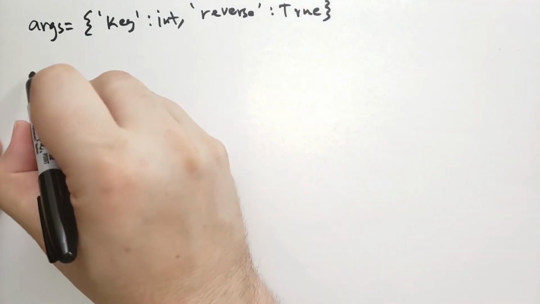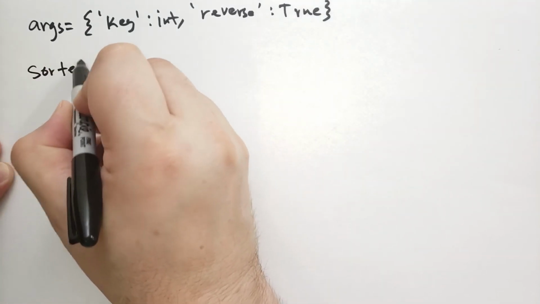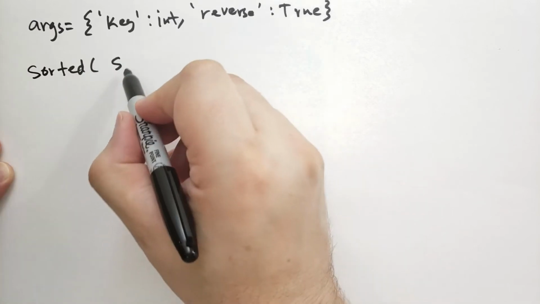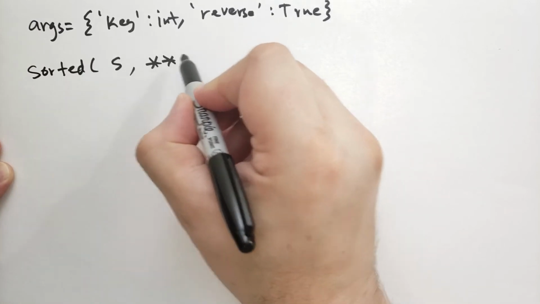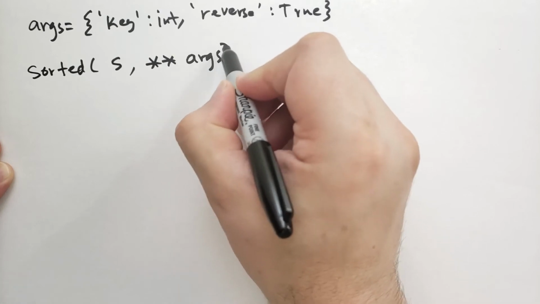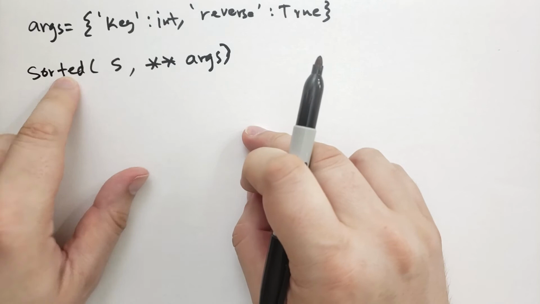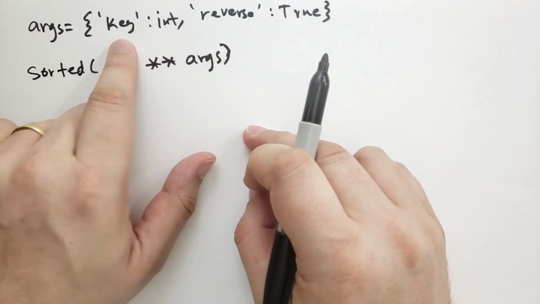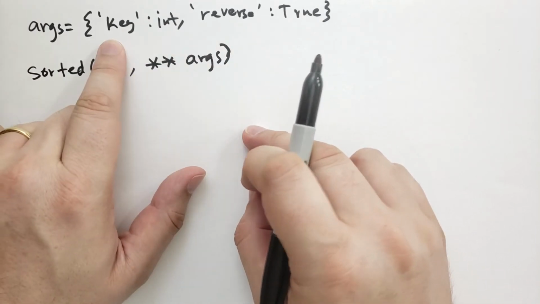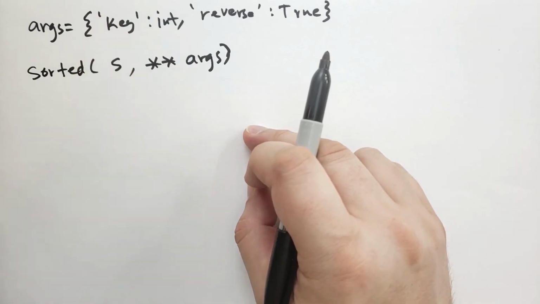And then when we go to call sorted on some sequence S, we can actually do double star args. And it'll include the keys of the dictionary as arguments to this. The dictionary obviously needs to have all the keys be strings. They don't necessarily have to be valid identifiers, but they do need to be strings.